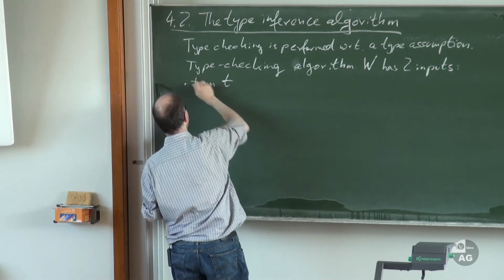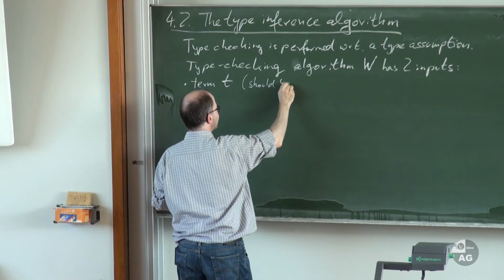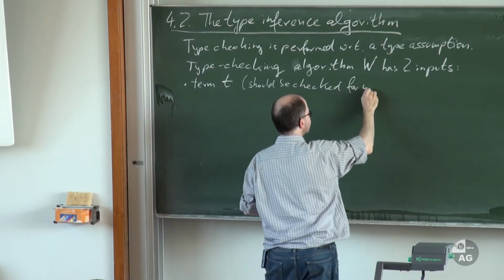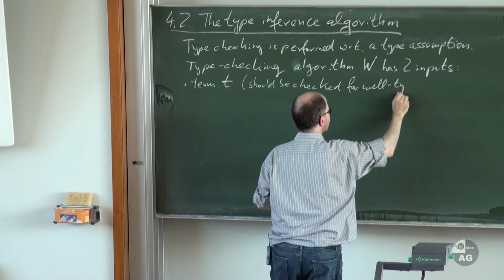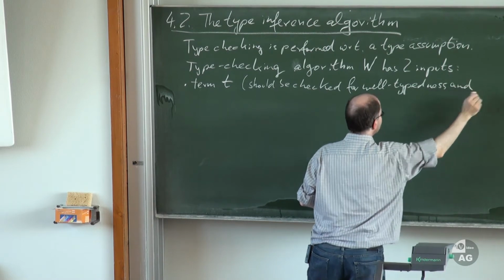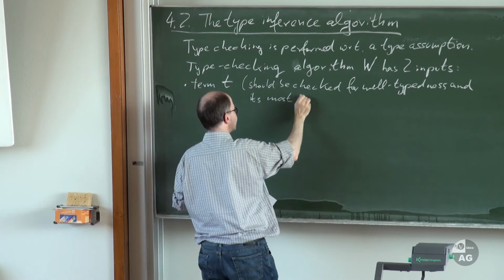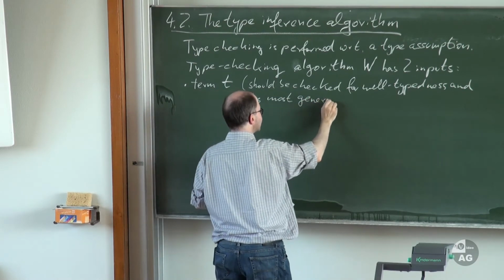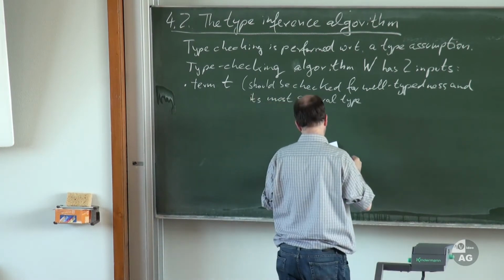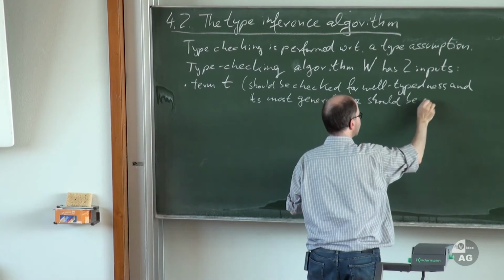So a term T should be checked for well typedness, and if it's well typed, then its most general type should be computed.